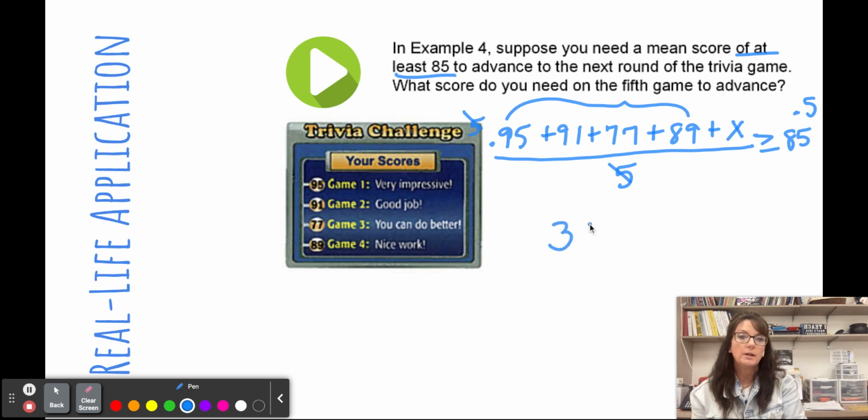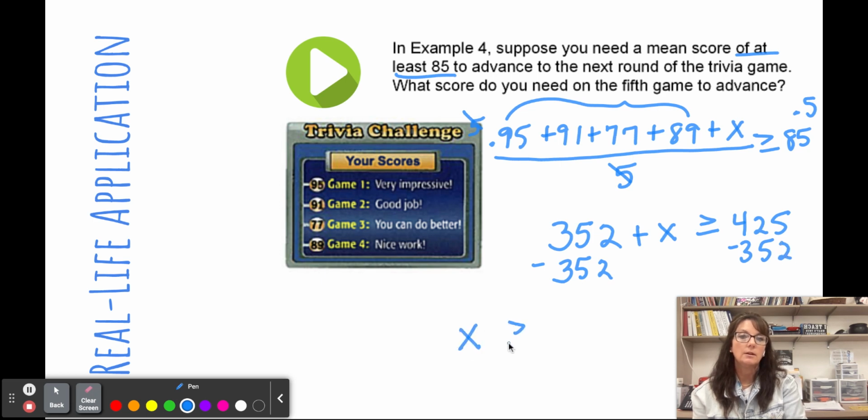So we'll have 352 plus x greater than or equal to 85 times 5, which is 425. Now I'll subtract the 352. So I need the fifth score to be greater than or equal to at least 73 in order to have a mean or average of at least 85. So I could exceed that if I want to go greater than.